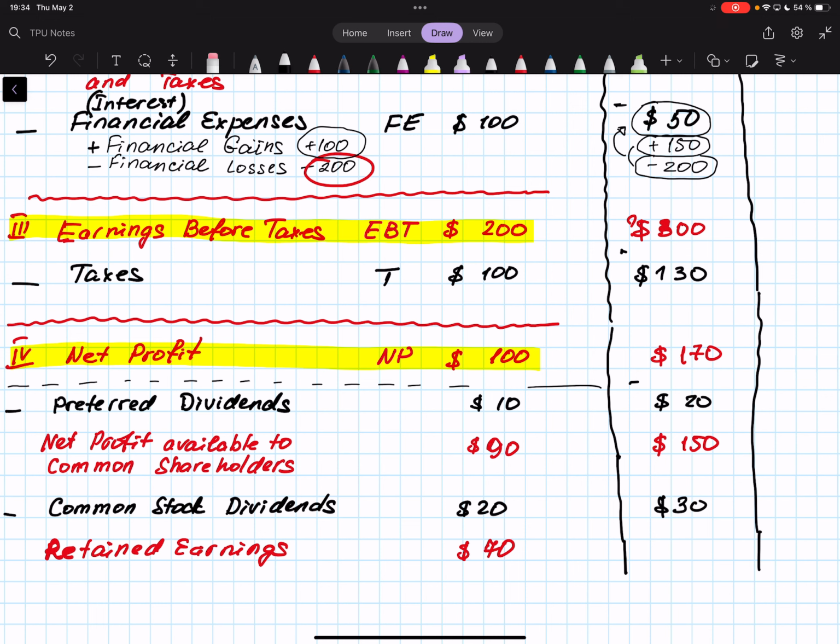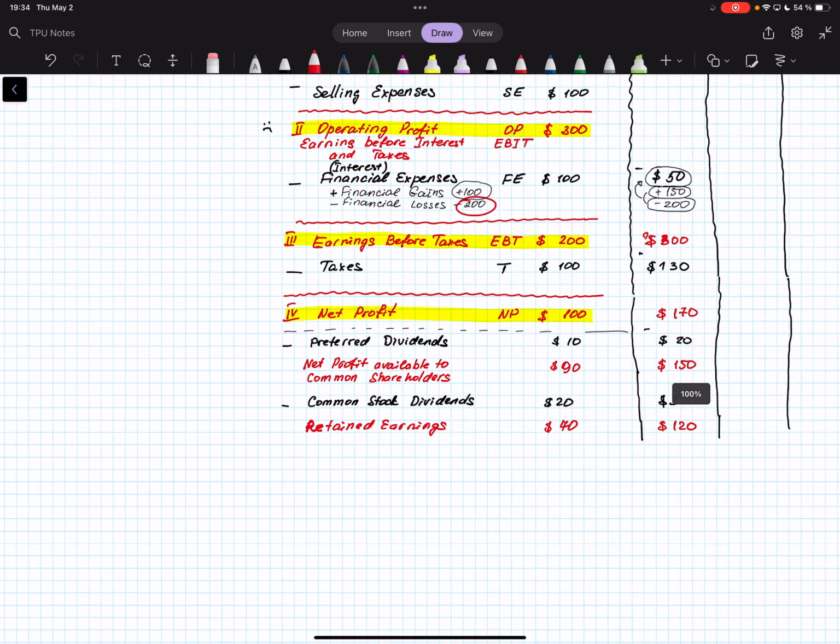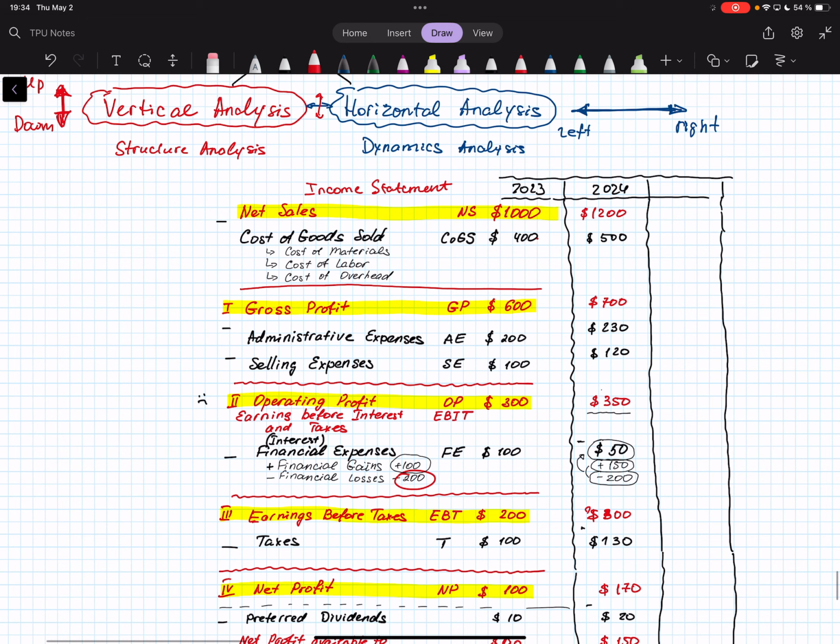But it's from imagination. It's just for our example, okay? So in the end, the retained earnings will be how much? Yes, 120. So we have completed our numbers for 2024.